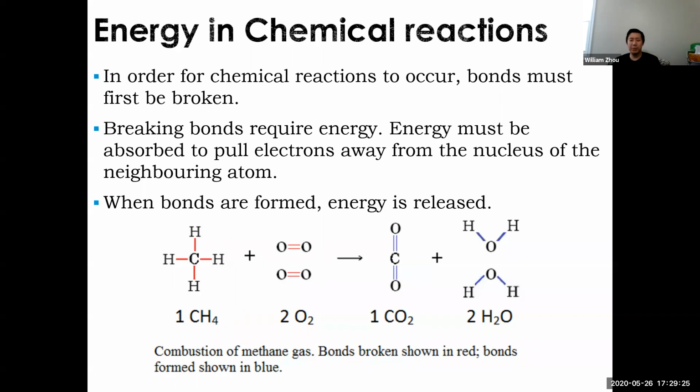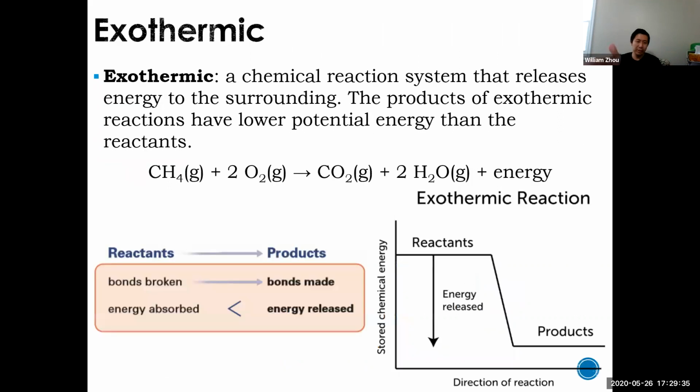But not all chemical reactions turn a profit. This is an example where the products actually release more energy than the reactants use. So this is called exothermic. So there's exothermic versus endothermic. Exothermic, exo, exit, means to leave. Exothermic means heat leaving.